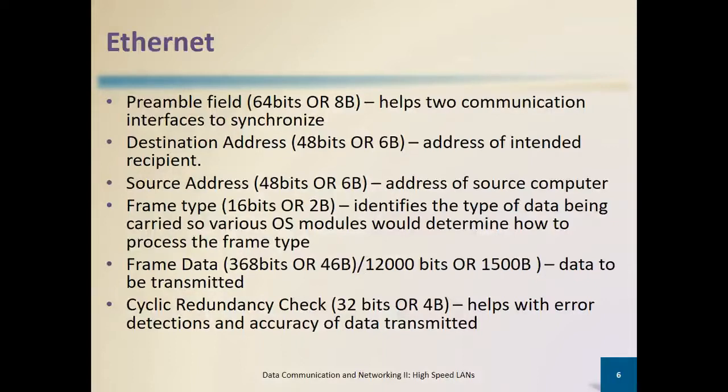Since it's a layer 2 protocol, we don't talk about IP addresses here. And obviously, IP addresses are reserved for layer 3, which also means they're reserved for information that is going out of a particular LAN. So keep that in mind.